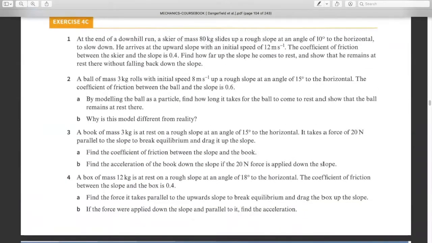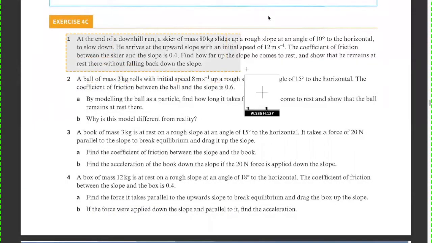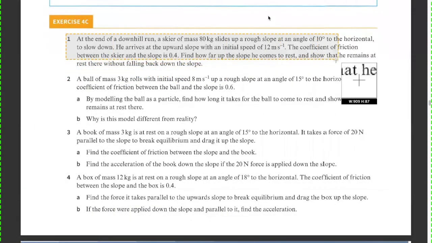Let us look at these questions. Exercise 4C, I'll solve these ones.